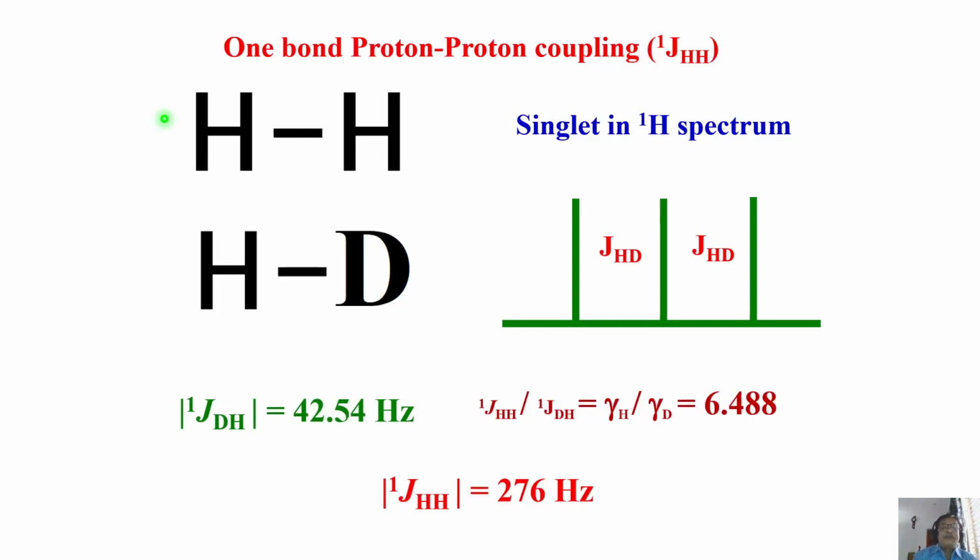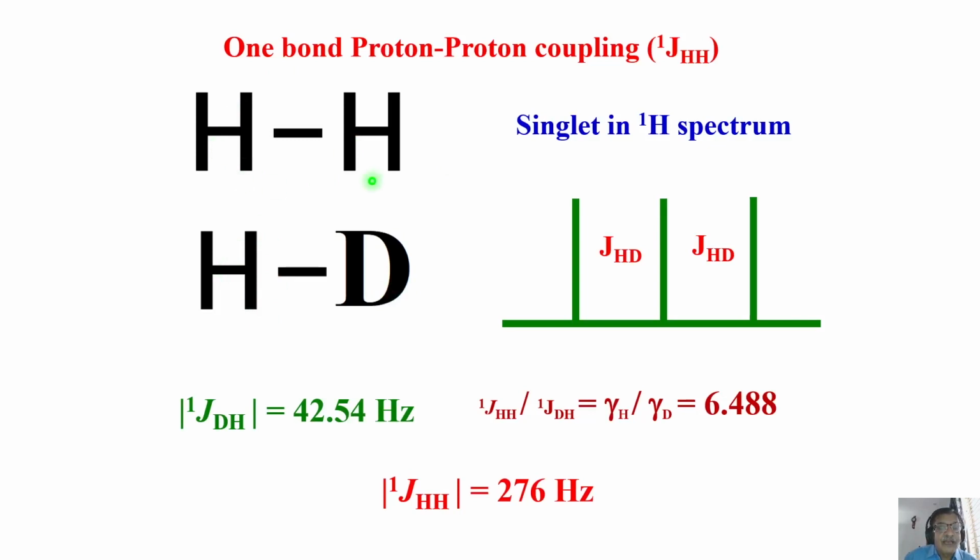When isotopic substitution is there in a molecule like this, and I know the HD scalar coupling, because deuterium is an isotope of hydrogen, there is a simple formula. If I know the gyromagnetic ratio of this and the gyromagnetic ratio of this, then I can get the J coupling between proton and proton.